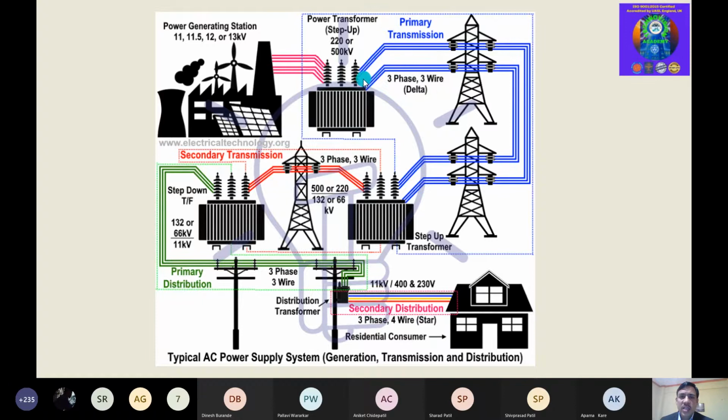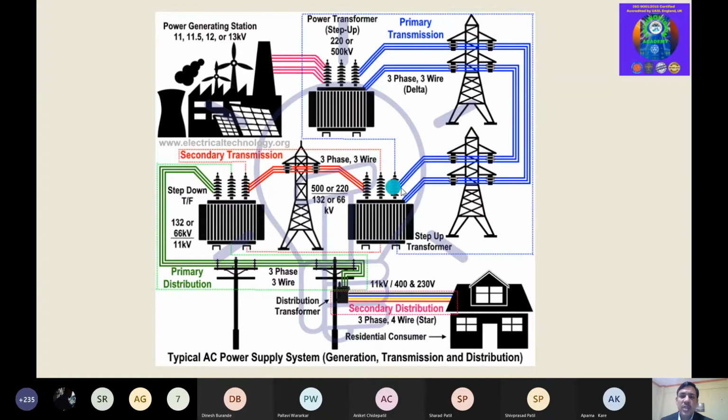Generally, EHV level starts from above 33 kV, so 66, 220, 400, 765 kV, and so on. So there are so many voltages. Also in transmission, there is a role of HVDC; for specialized applications, we use HVDC.